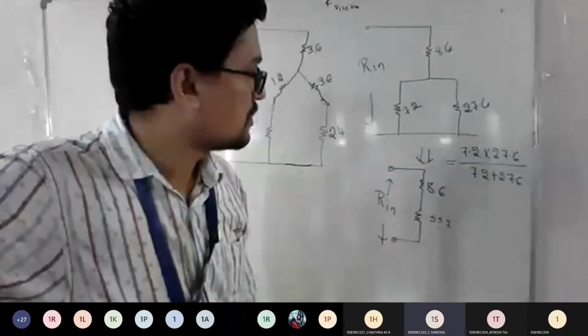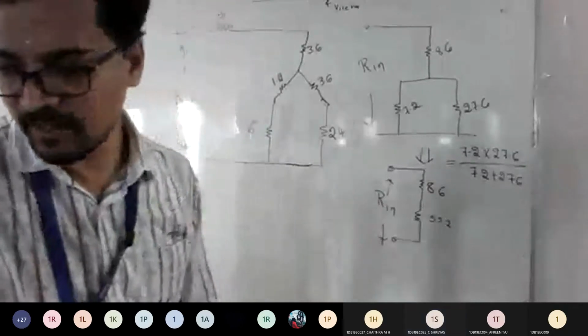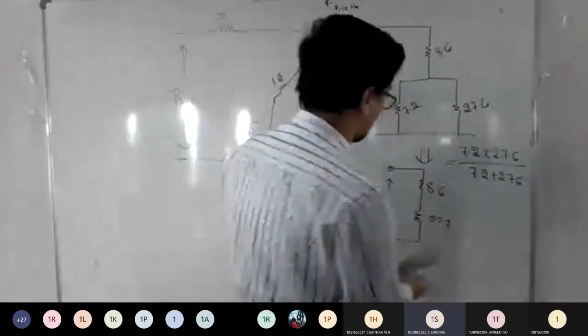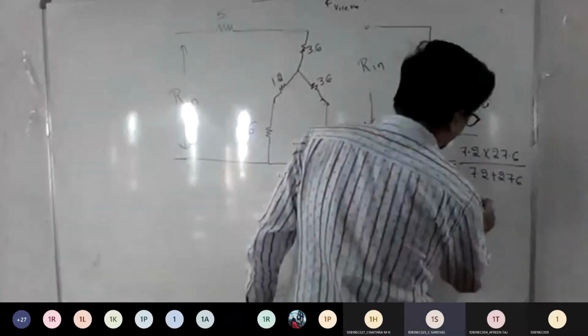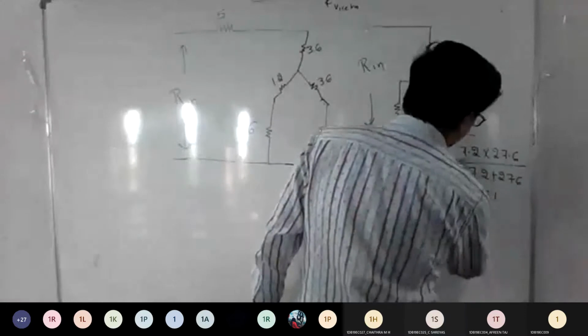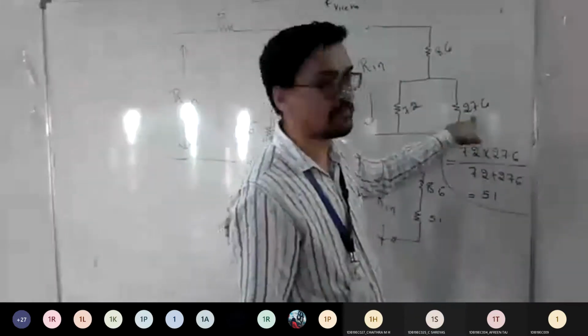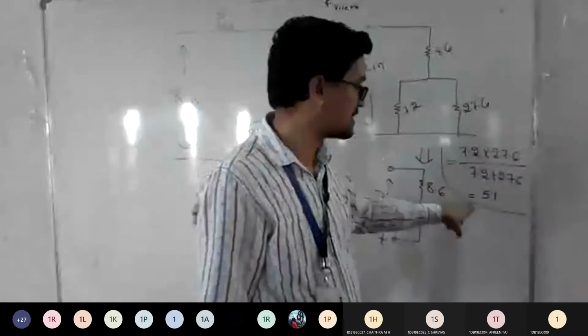I think it's some other answer. Check out the parallel combination answer. Is it 55 something? 5.71? No, sir. Yeah, it's 5.1. So that's why I told you to be careful while writing the answer. Okay. So 7.2 and 27.6 are in parallel. If you do parallel combination, you get the answer 5.1.